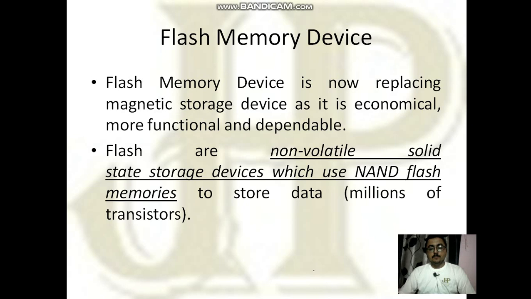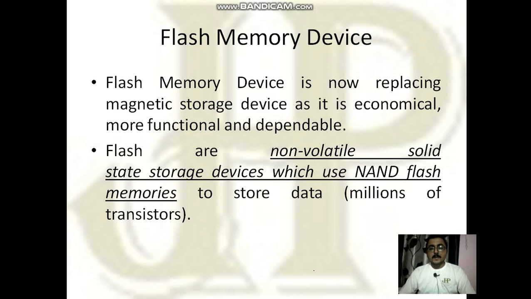Now, the most important one, that is flash memory devices. Flash memory devices are now replacing magnetic storage devices because they are economical, more functional and dependable. Before going to discuss various types of flash memory devices, we have to know what is flash memory.